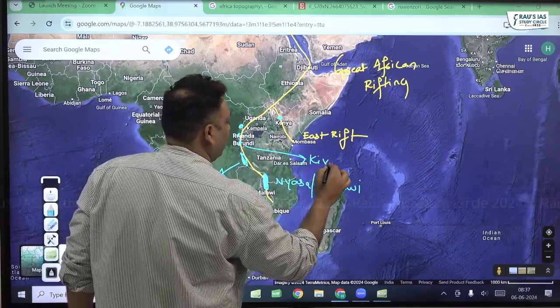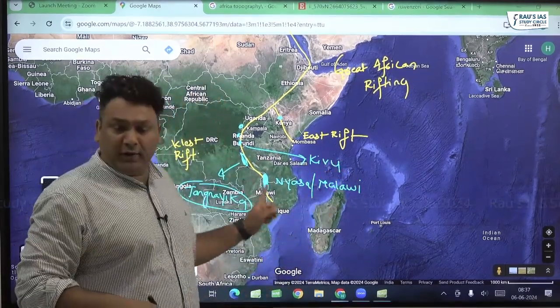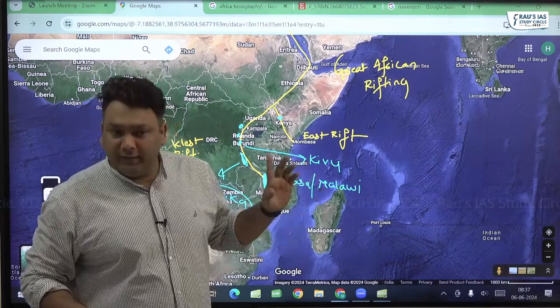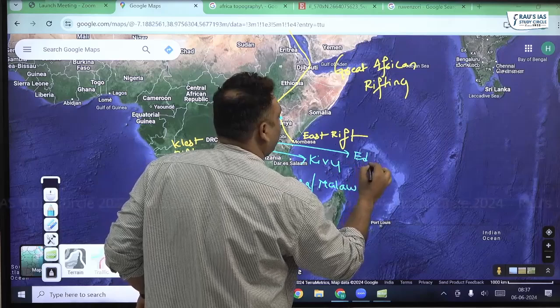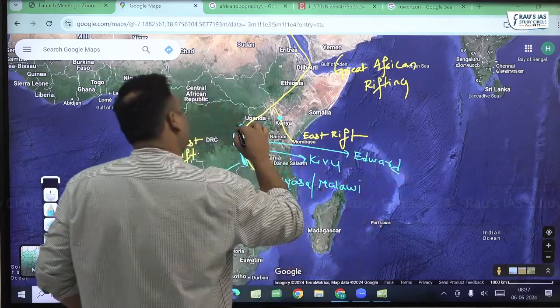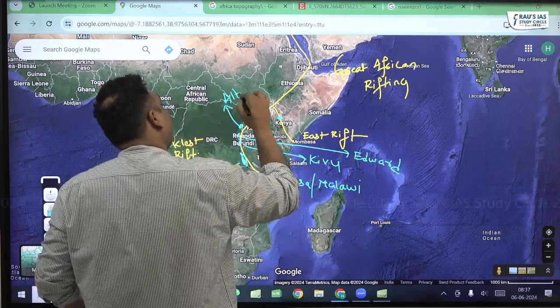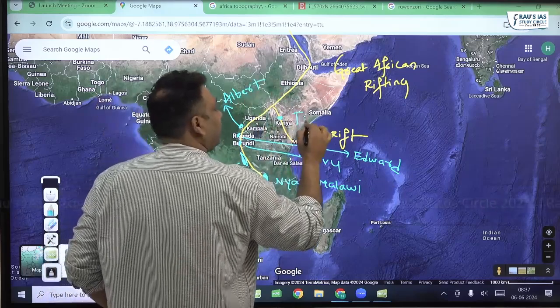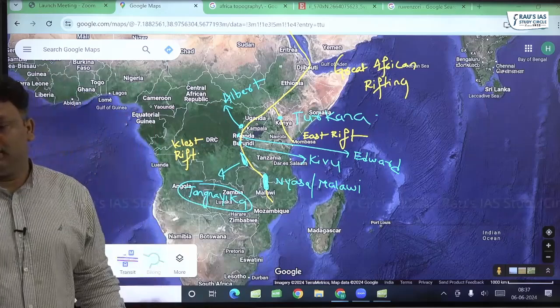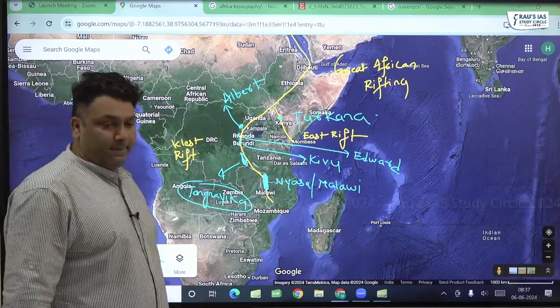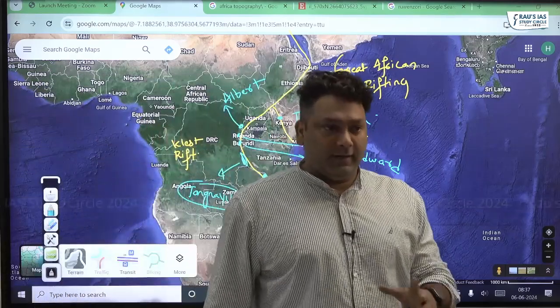Kivu. Kivu becomes very important this time because of the conflicts in this region. Lake Kivu, Lake Edward, this is Lake Albert, and this is Lake Turkana. These are the great African lakes.